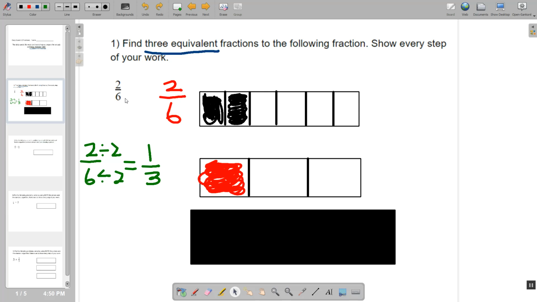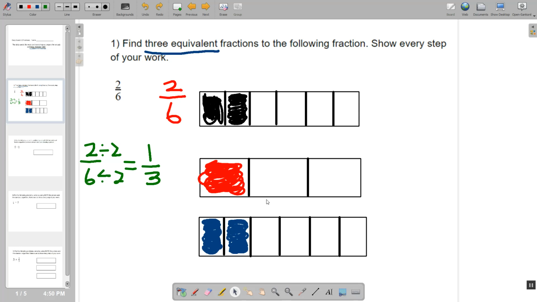Now, for the last one, I need to find a number that I can multiply the numerator and denominator by. By multiplying the numerator and denominator, I am cutting each box up into more boxes. So let's do 2/6. Let's do each of these numbers times 2. It's not the only option, but it's probably the easiest option that we have.